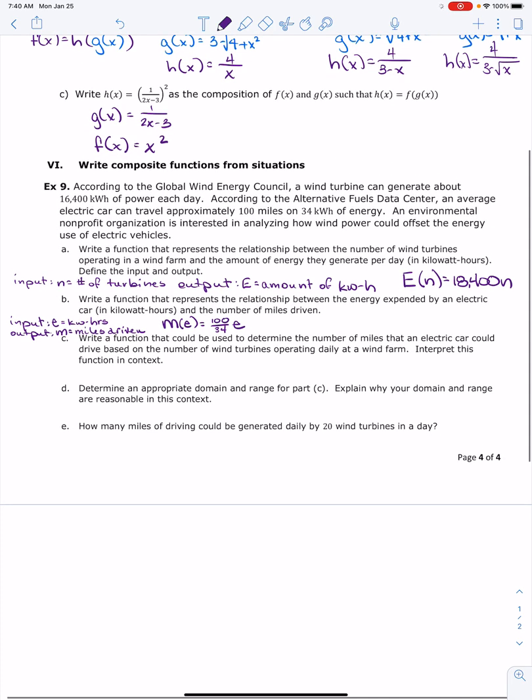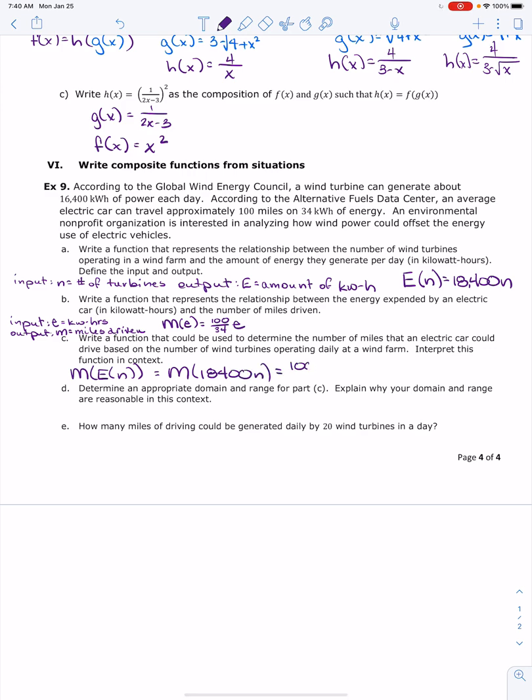C wants the function to determine the number of miles that the car could drive based on the number of wind turbines operating. So here's where our composite function comes. I want miles in terms of energy, but I want energy in terms of number of wind turbines, okay? Which is miles in terms of my 18,400 times N. So I get 100 over 34 times 18,400.